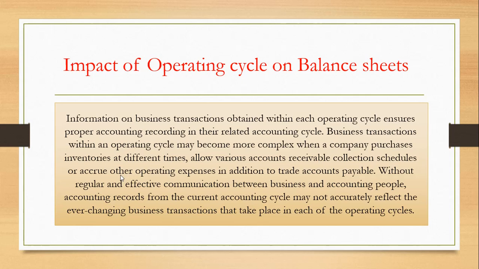Business transactions within an operation cycle may become more complex when a company purchases inventory at different times, allows various account receivable collection schedules, or incurs other operating expenses in addition to trade accounts payable. Without regular and effective communication between business and accounting people, accounting records from the current accounting cycle may not accurately reflect the ever-changing business transactions that take place in each of the operation cycles.